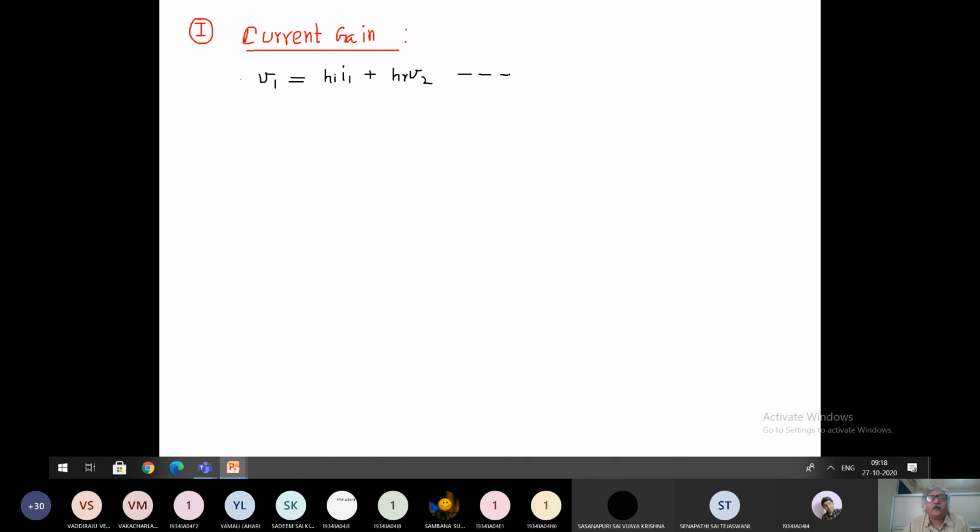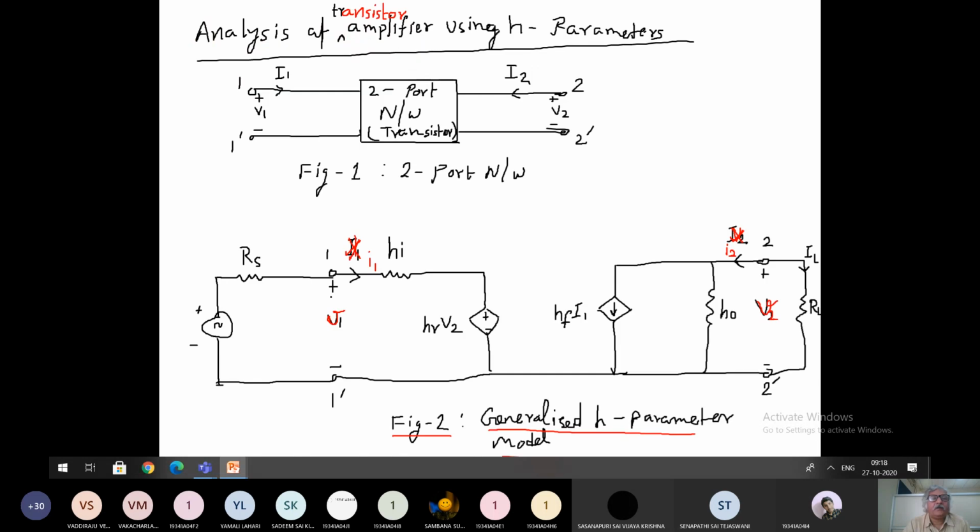So we call this equation number 1. Right? See the input section: v1 is equal to i1 hi plus hr v2.